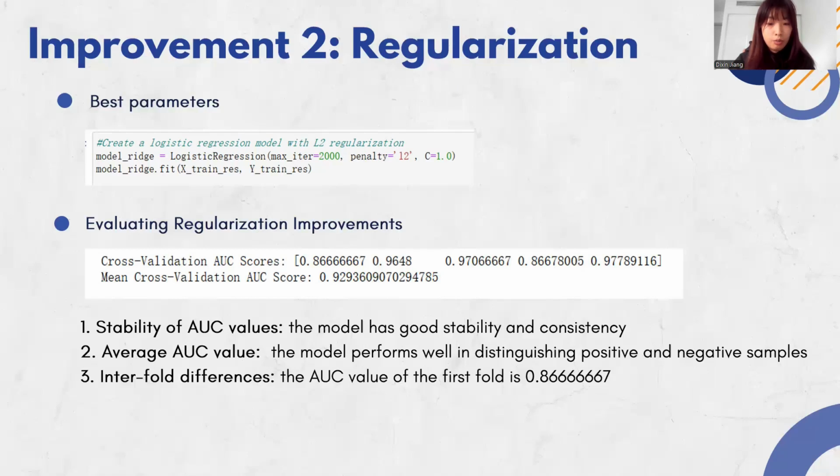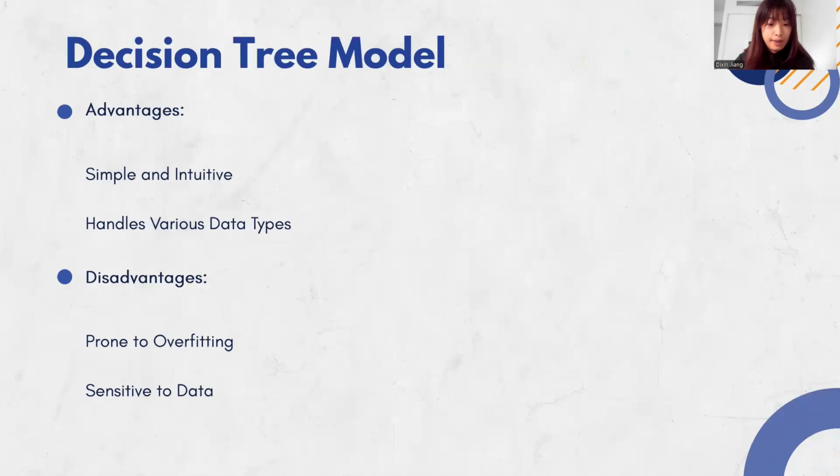Although there were some differences between folds, the model's overall high AUC values indicate robust classification capabilities. This is the end of my part. Next, my teammate will analyze the decision tree model.